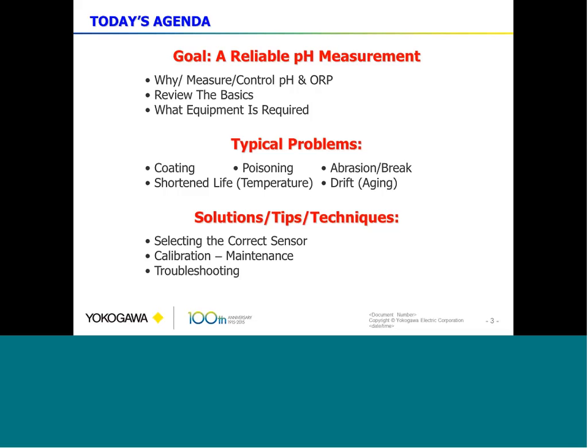We'll discuss some solutions and procedures, ways to handle those issues that we have seen and you have run into, I'm sure. Then we're going to share some tips and techniques that we picked up over the years for troubleshooting and maintenance. The result, again, is that we hope to help you get the best measurement accuracy and reliability for your particular process, whatever that may be.